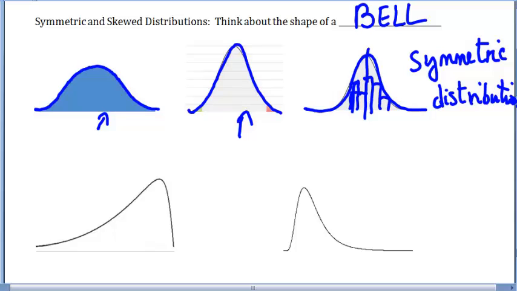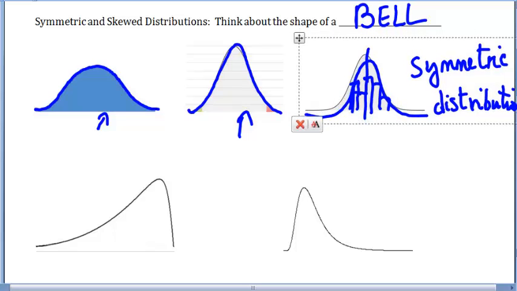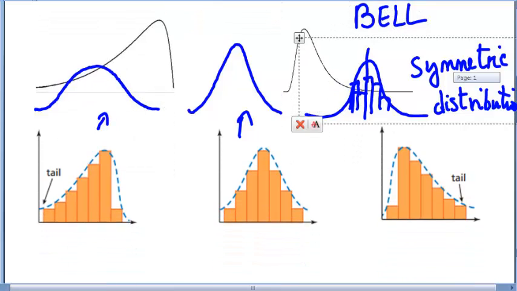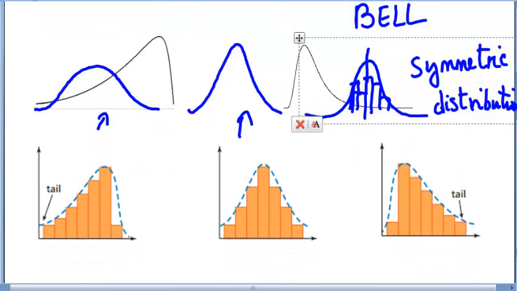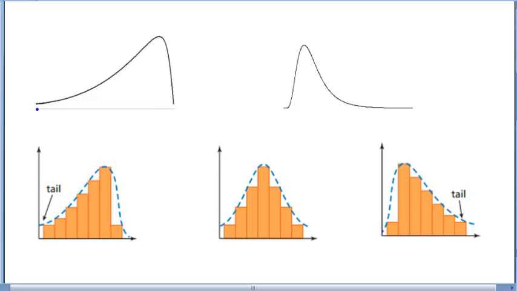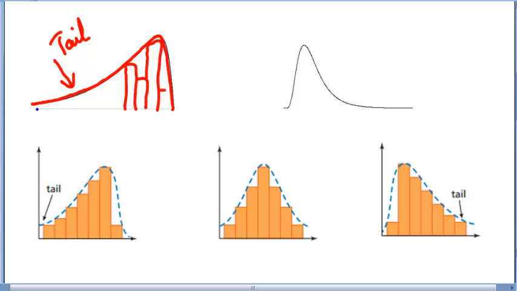Now if you look at the bottom here, this is a skewed distribution. That means it's a sloppy distribution, kind of. This is called a tail. If you had bars here, you would see that most of the data is here, and there are fewer on this side.